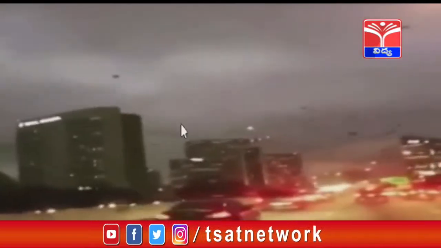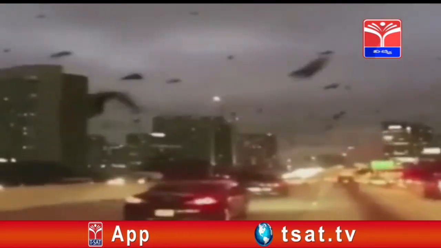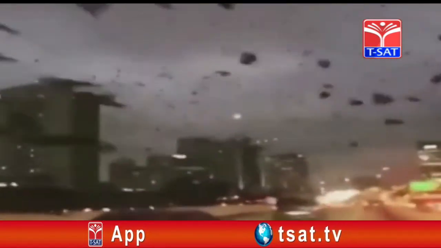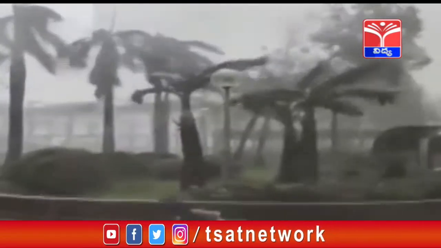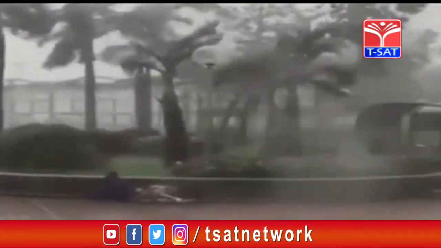Just look here, see how the storm is carrying water and causing destruction, and you can see the buildings, papers and vehicles being carried away by the wind. So, is it not violent, children? Yes, it is violent, which causes great destruction. Sometimes heavy vehicles also fall down and human beings also get hurt.